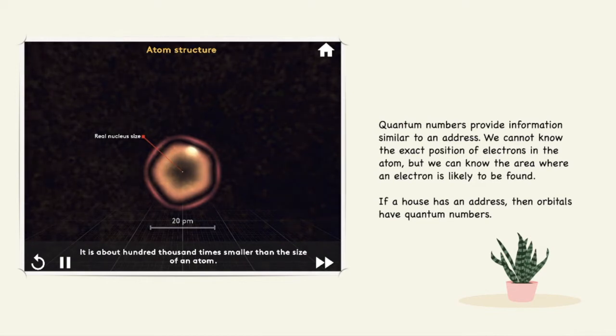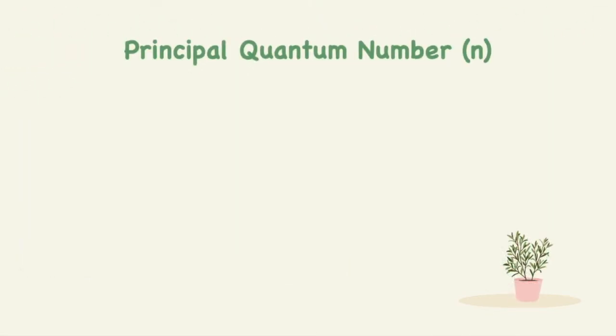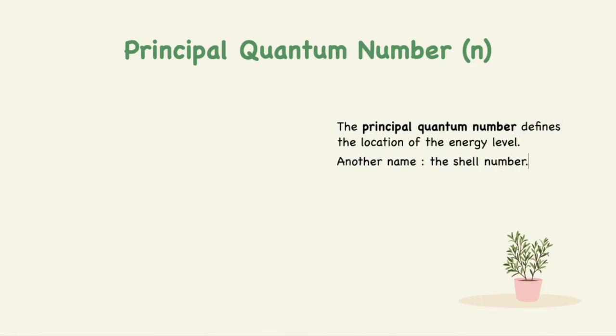So we will go on to the first quantum number. The first quantum number is the principal quantum number, or n. This quantum number defines the location of the energy level or electron shell. So we can also call it the shell number.